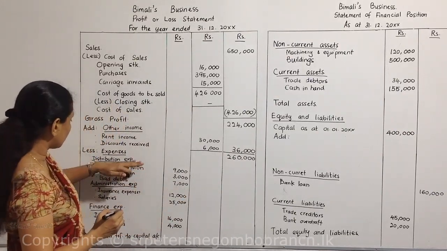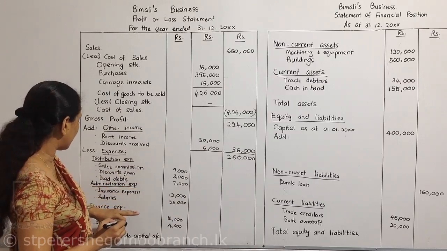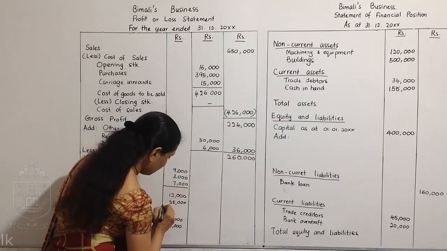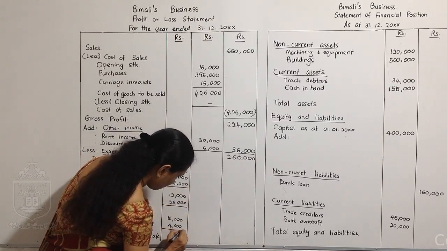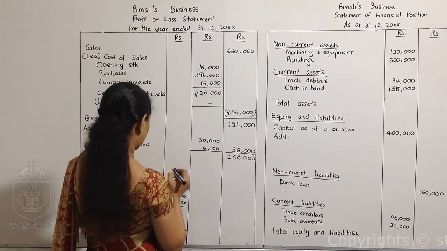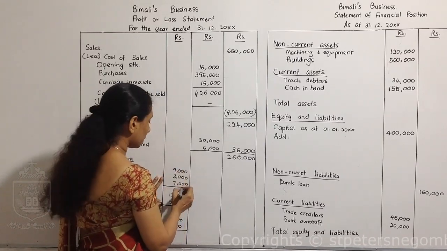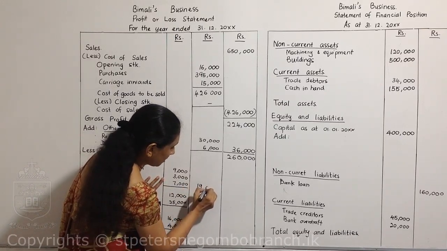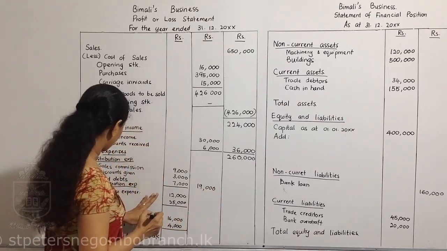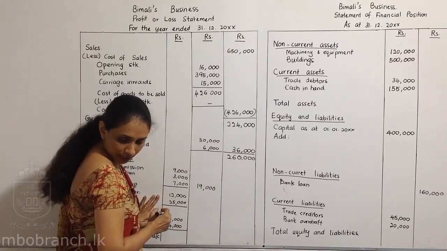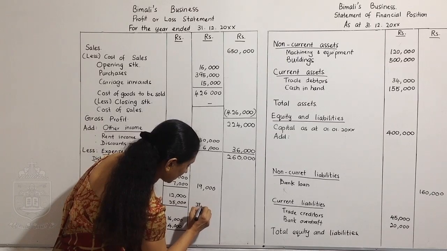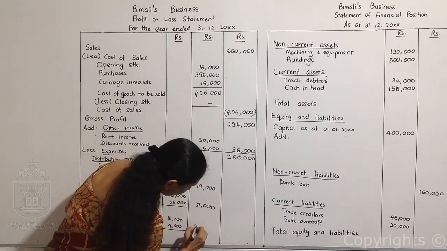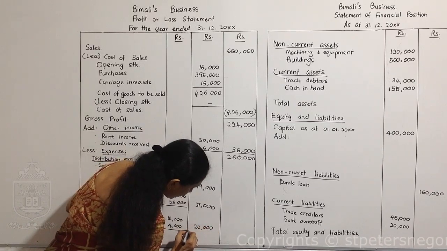So then we will have to add up each category of expenses separately. So we have a total of 19,000 distribution expenses, 37,000 of administration expenses, 20,000 of finance expenses.